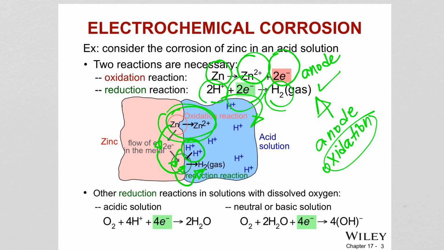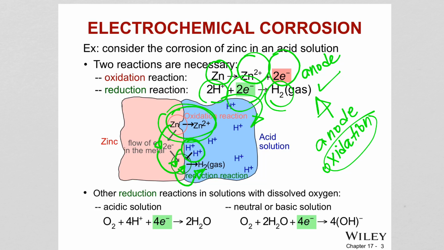And when the electrons generated from the metal are transferred to another species, in this case positively charged hydrogen ions, then we call this a reduction reaction. This reduction reaction happens at the cathode.